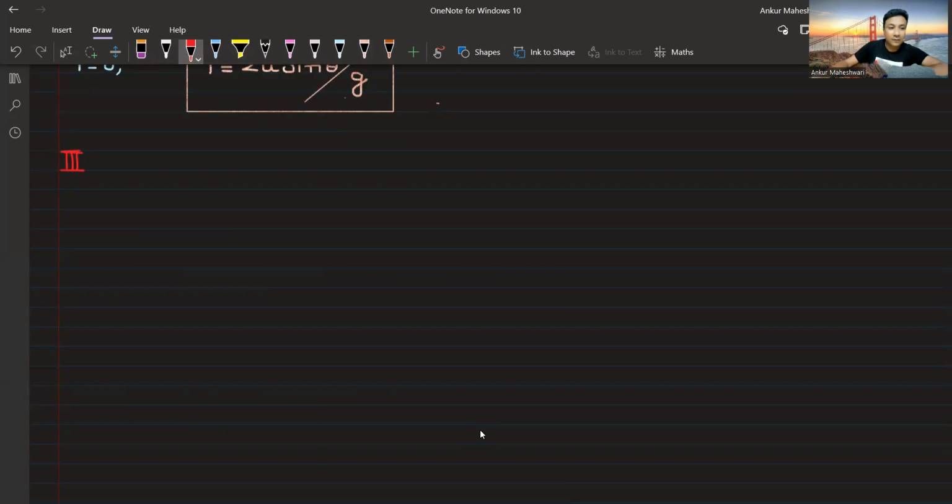The maximum height. Okay. So to understand the concept of maximum height, let us draw the diagram again.